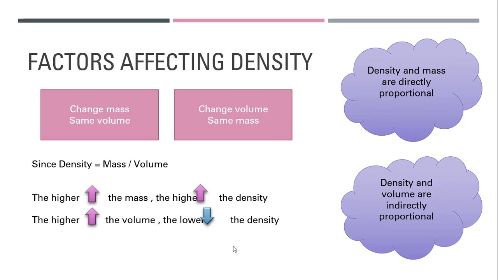a second scenario is going to happen, where it works inversely proportional, meaning that if the volume increases, for example you make the streets bigger, this will decrease the density. So the density and the volume are inversely proportional to each other, meaning that if the volume increases, the density will decrease.